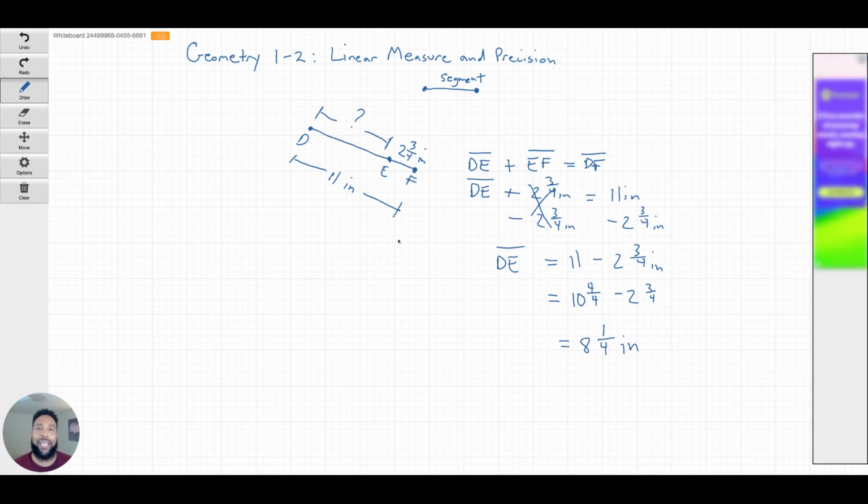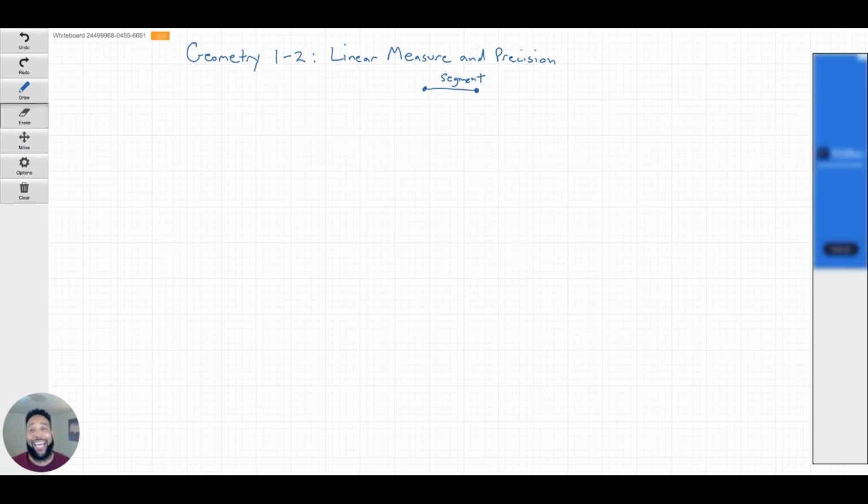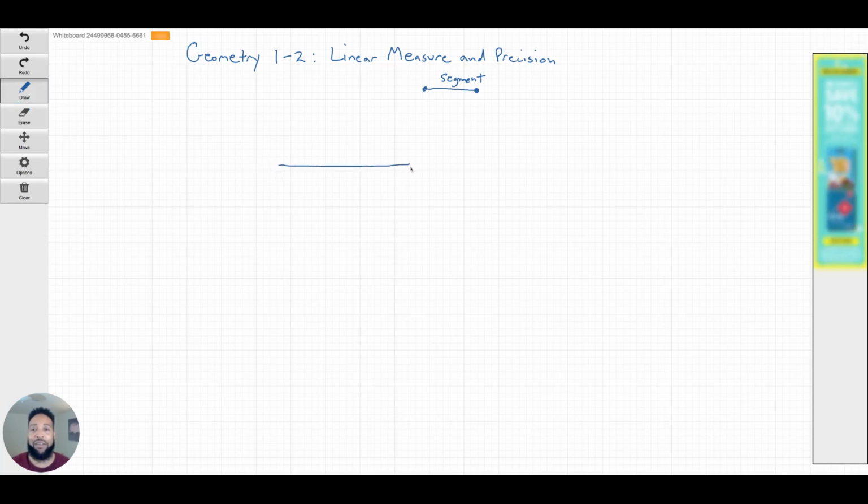Let's try another type of geometry problem when it comes to linear measure and precision. Okay, for this last type of problem that we're going to go over in this segment, no pun intended, segment. Say you're given a segment Q, P, R. And let's say in this instance, you're given the numbers as a variable.